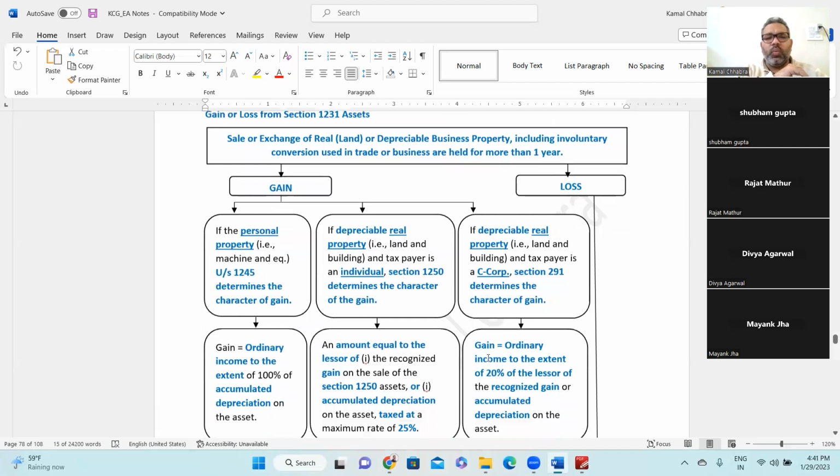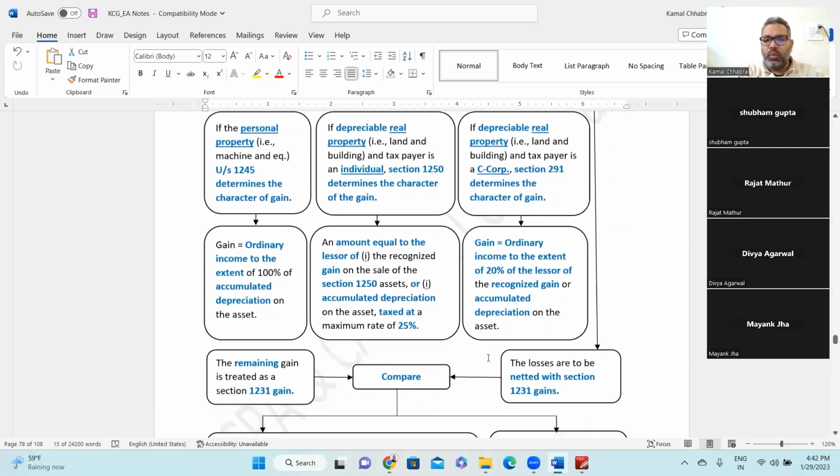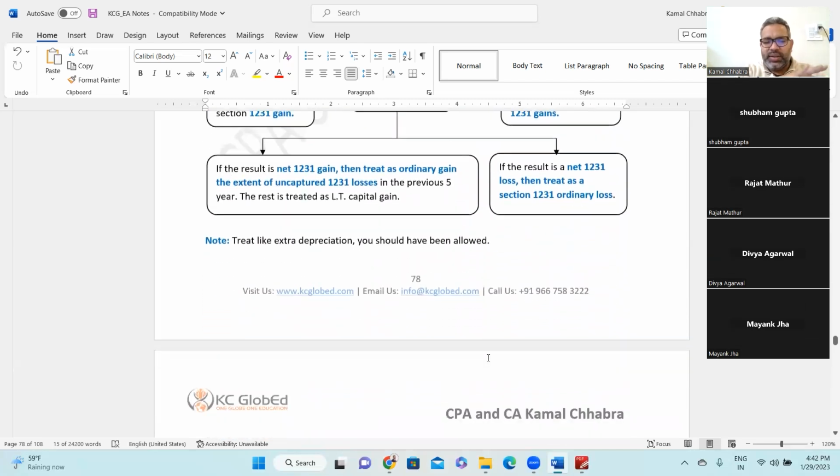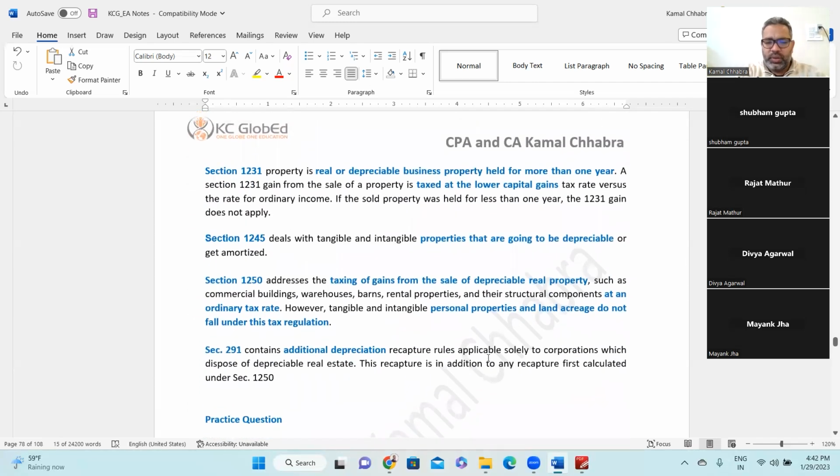Before jumping into 1231, 1245, 1250, 291, let's first understand what these sections are all about. Let's jump into this page really quick first, and then we go back so that you can correlate the respective boxes to the respective sections.